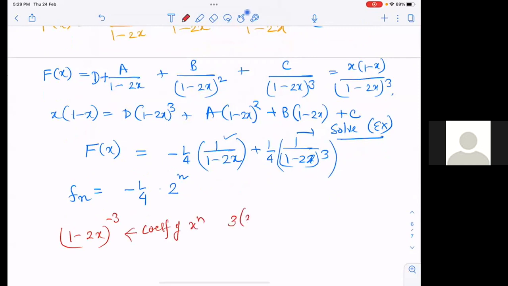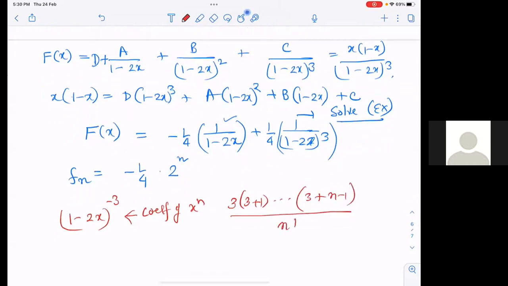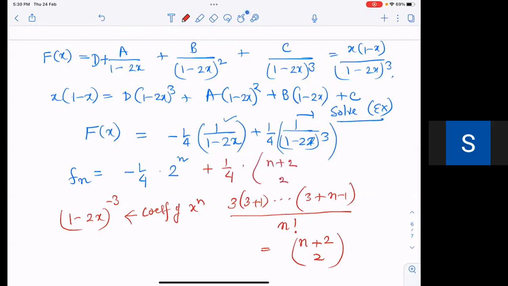That is 3 plus 1, 3 plus, this is binomial coefficient, expansion with negative coefficient, right? Factorial n, which is n plus 2 choose 2. So this is 2 power minus 1/4 plus 1/4 n plus 2 choose 2. There will be an extra power of 2, there is a 2 power n right here.